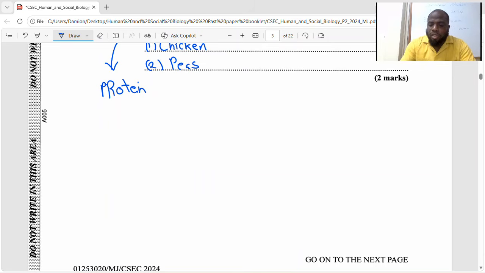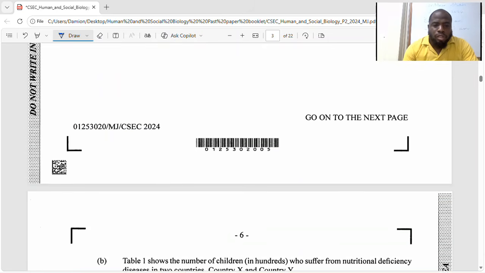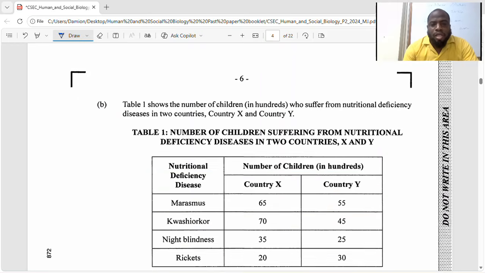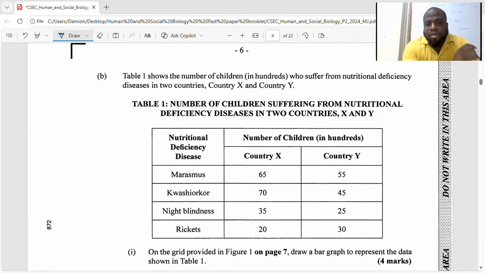So moving on to part B. The students were given a table which shows the number of children, in hundreds, who suffer from nutritional deficiency diseases.